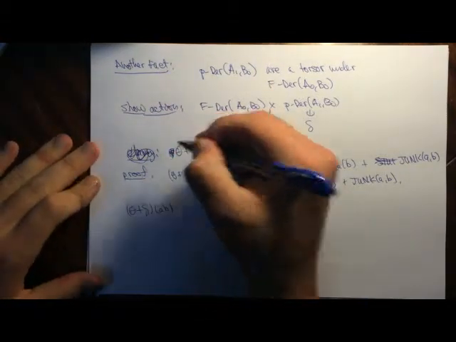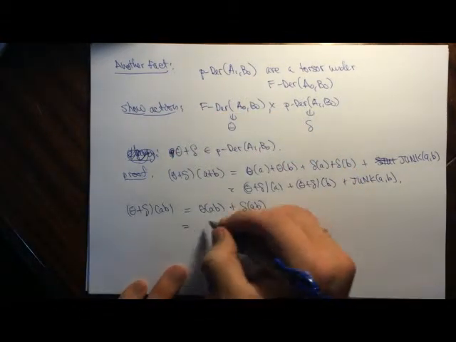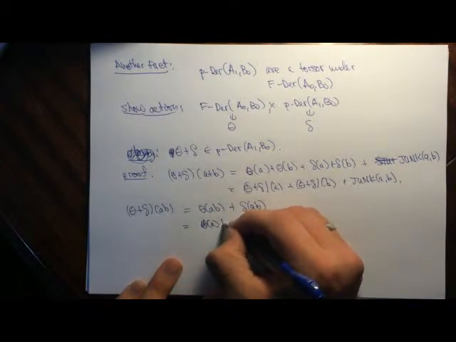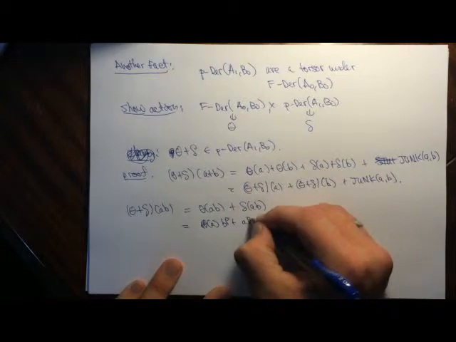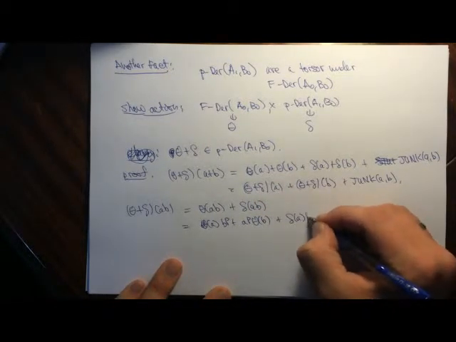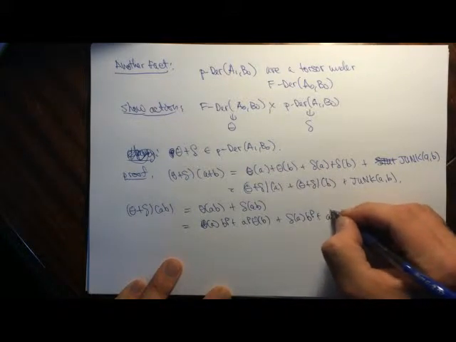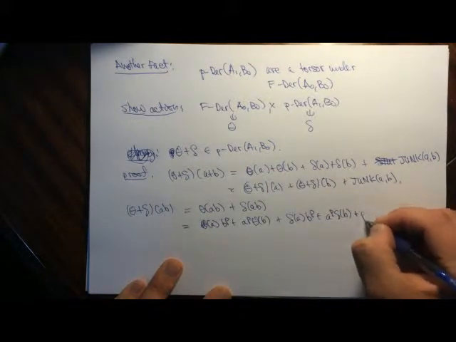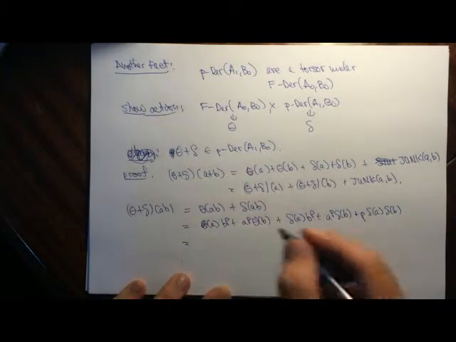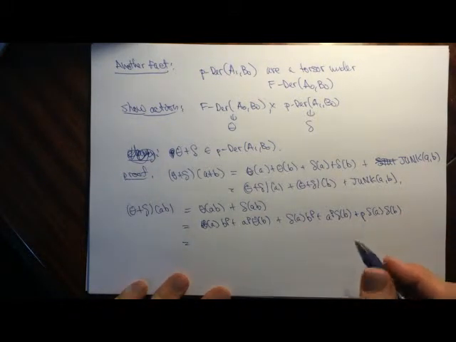But we'll see. Okay, so we have theta of A, B to the P plus A to the P theta of B plus delta of A, B to the P plus A to the P delta of B plus P delta A delta B.